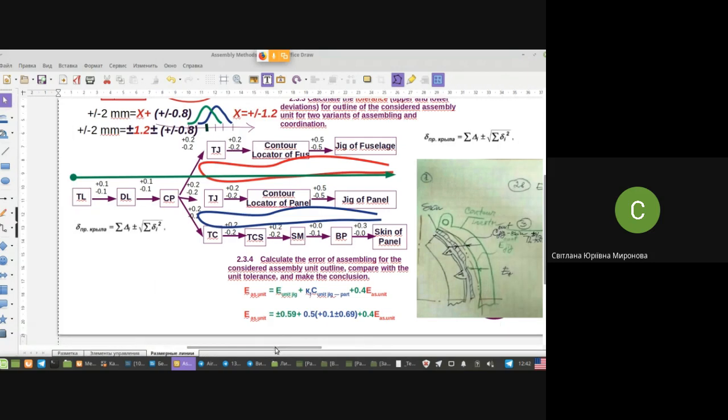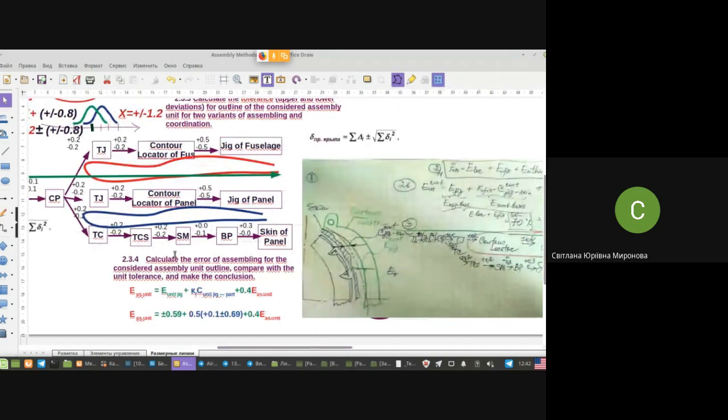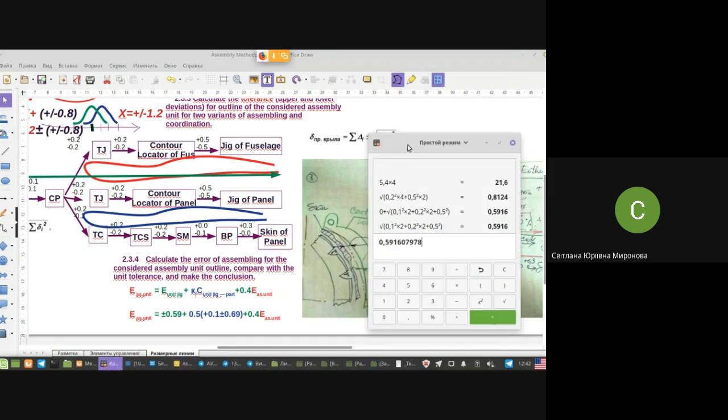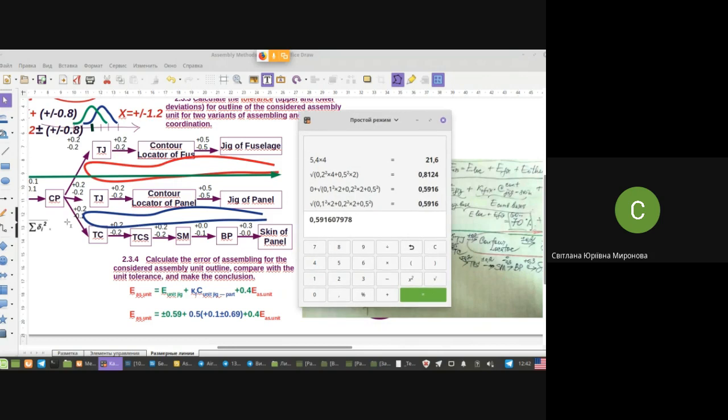We are taking into account only these fields that correspond to this blue loop, and we need to see whether all the fields are symmetrical. No, not symmetrical: 0, minus 0.1.